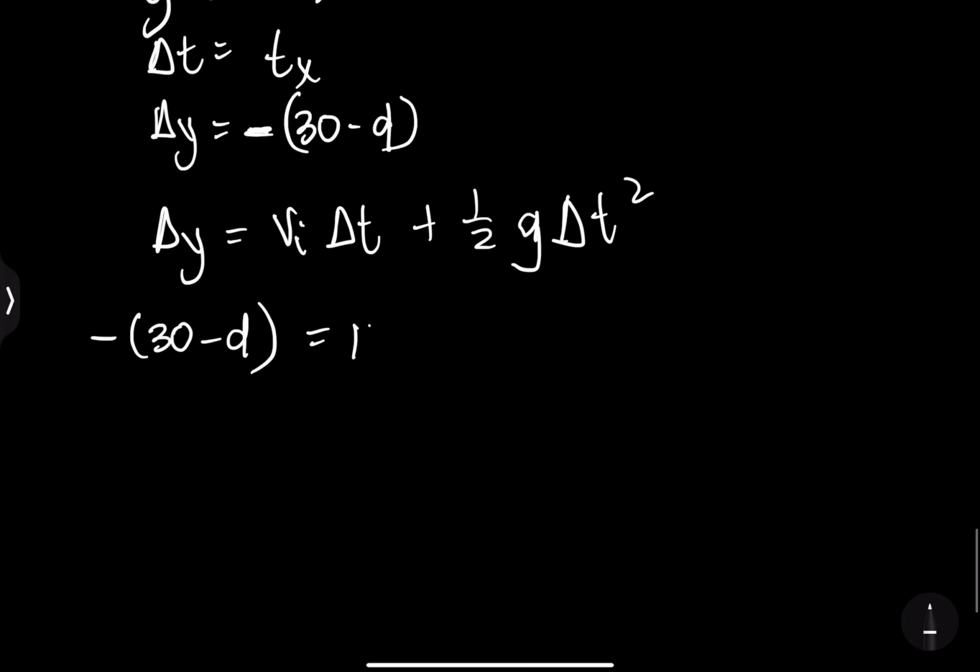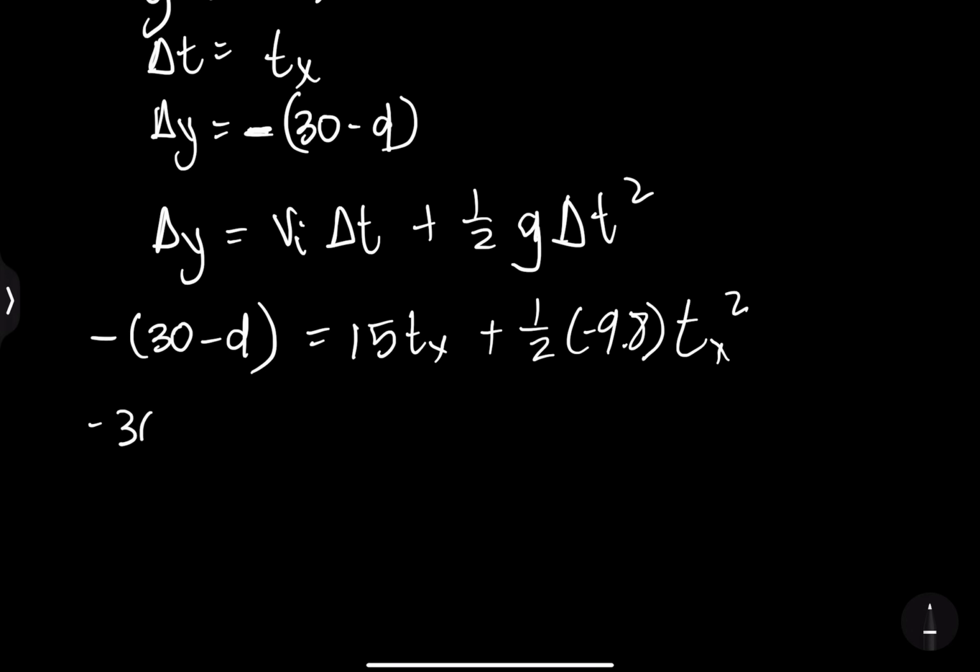So that's 15 times tx plus 1 over 2 times negative 9.8 times tx squared. All right, so I've got minus 30 plus d, which equals 15 tx minus 4.9 tx squared.